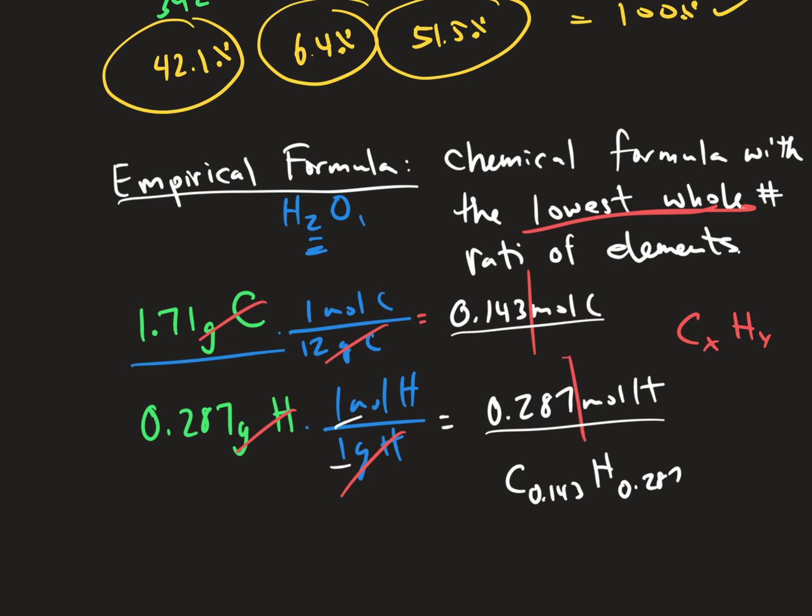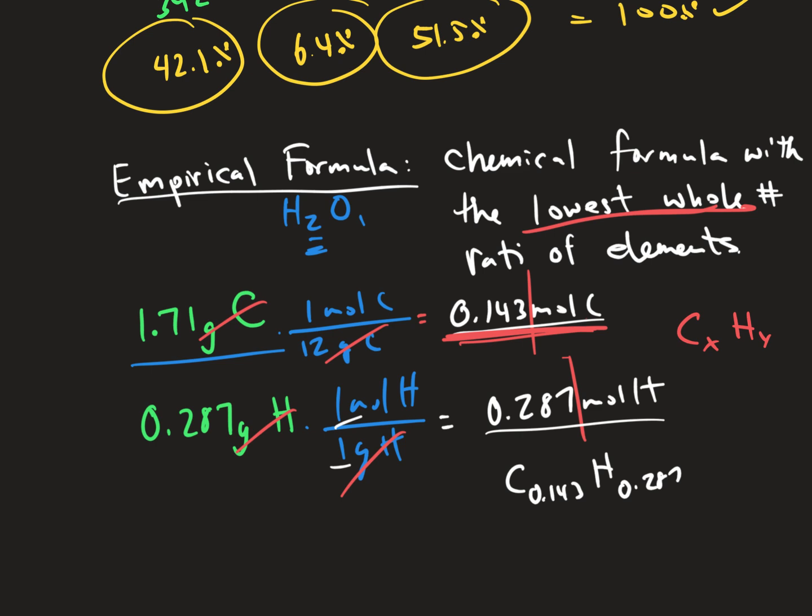So which one are we going to make be 1? This one right here. Why? Because that's the smallest amount, right? How do we make that a 1? What do we divide by? 0.143 divided by 0.287? Is that going to make it 1?